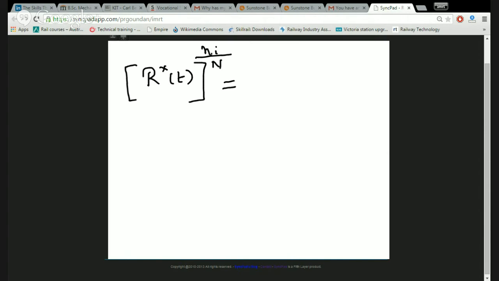So I will equate this to the previously calculated Wi into, this is the survival probability.